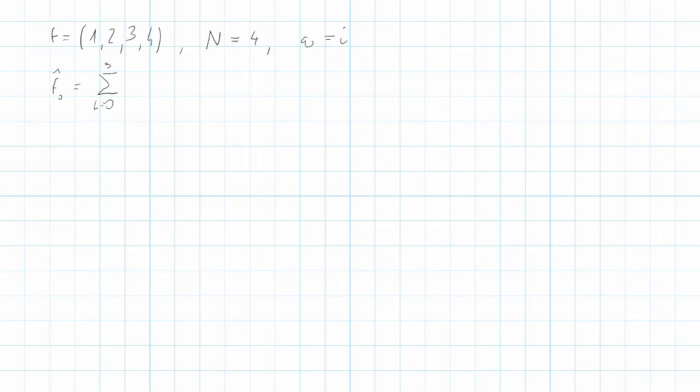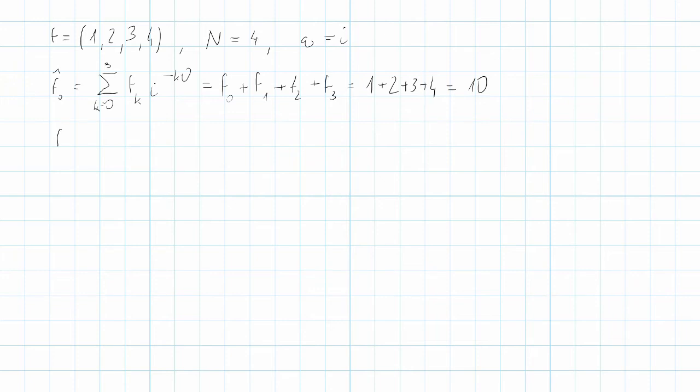So from 0 to 3, it is fk times i to the power minus k times 0, but 0 times anything is 0, so it's just a sum f0 plus f1 plus f2 plus f3. So it's 1 plus 2 plus 3 plus 4, so it equals 10. So the first coefficient of the discrete Fourier transform of f equals 10.